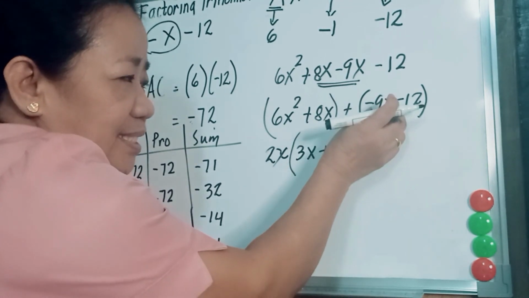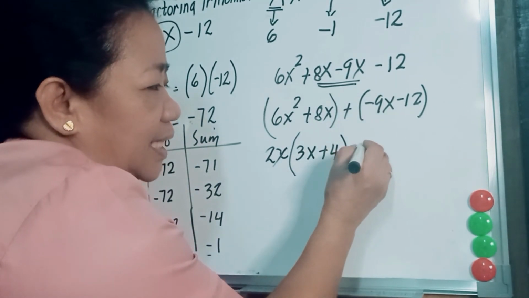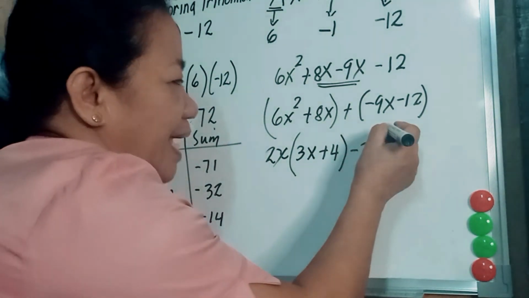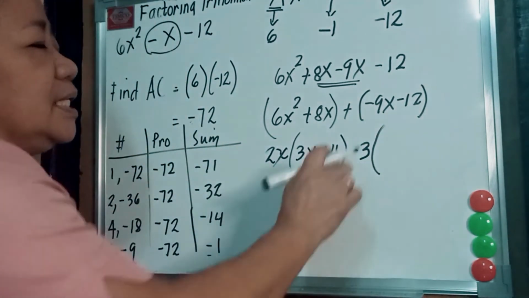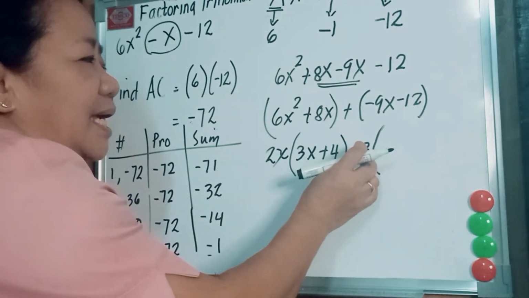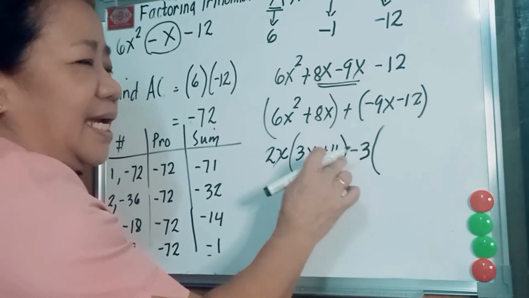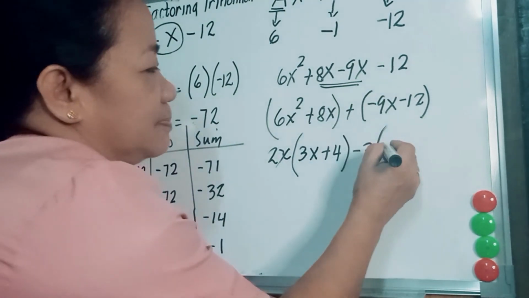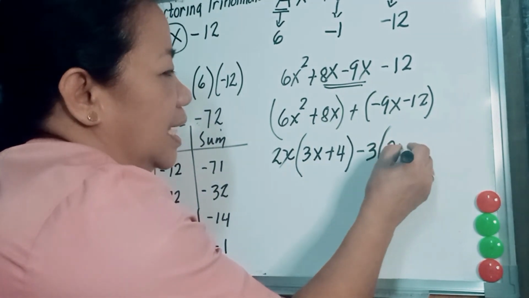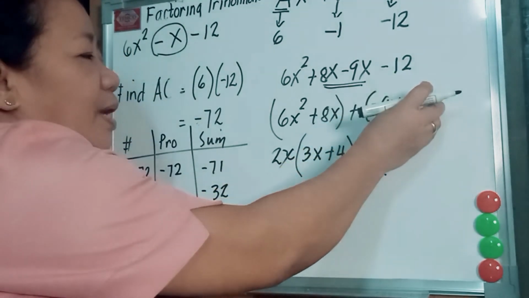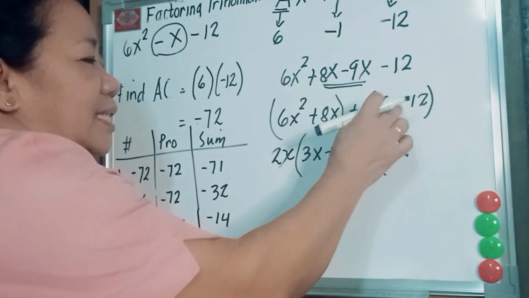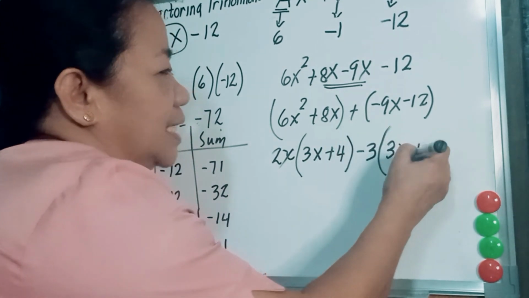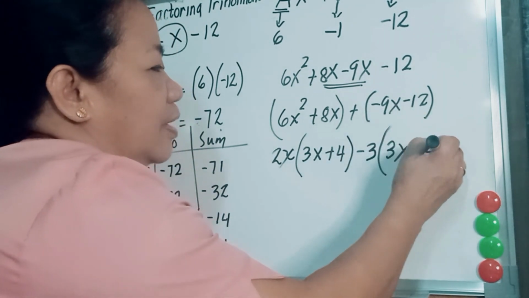This is negative, so this must be negative 3. To get the second factor, negative 9x divided by negative 3. Negative divided by negative will become positive. So, it is positive 3x. Negative 12 divided by negative 3, again negative divided by negative, will become positive. And that is equal to 4.